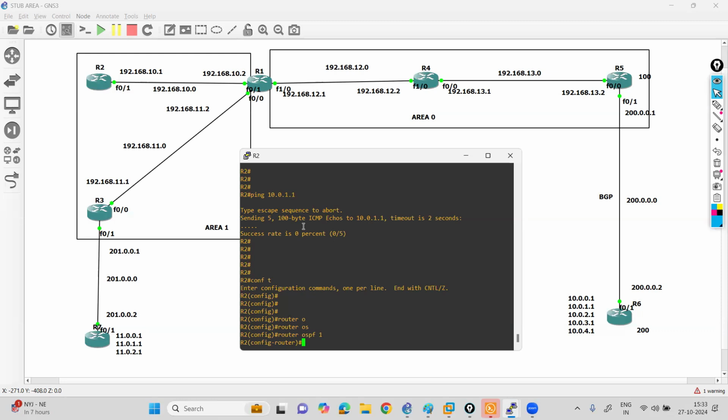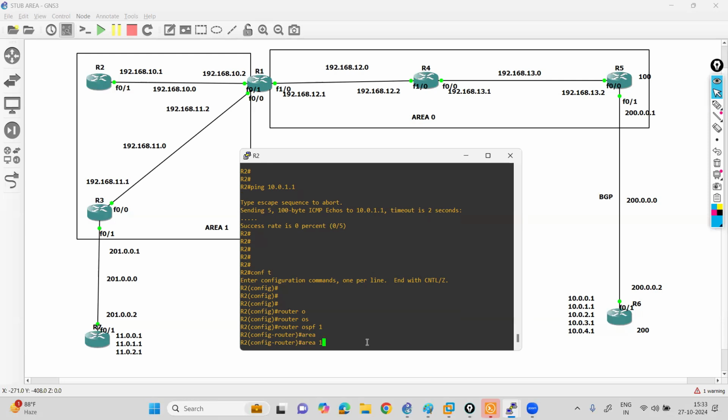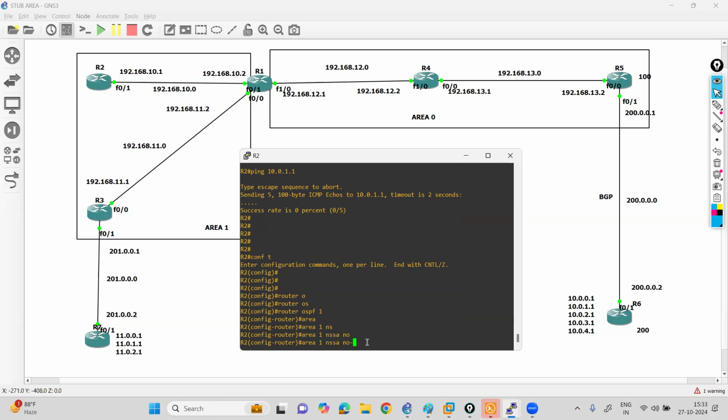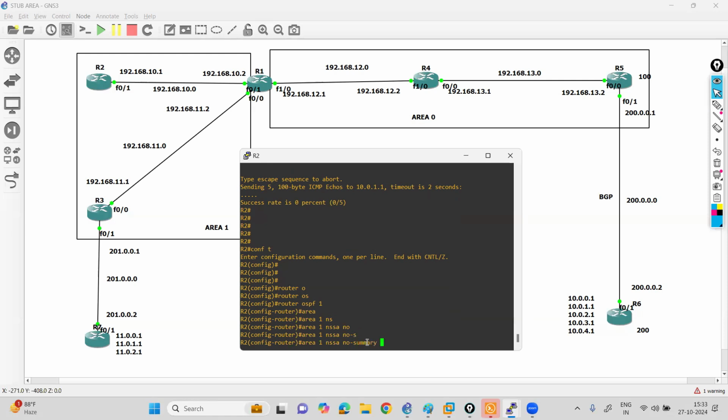Okay, let's do the configuration for the same. Router OSPF 1, area 1, NSSA, no summary, right?